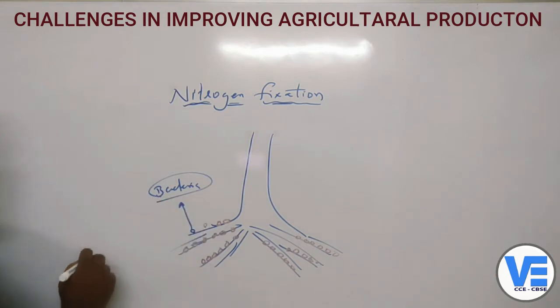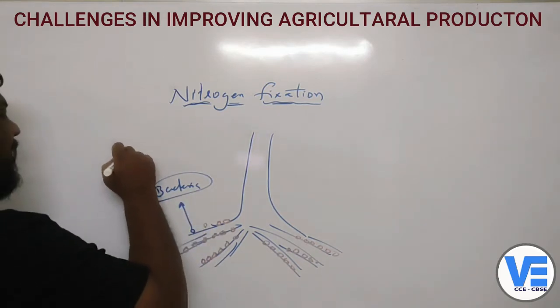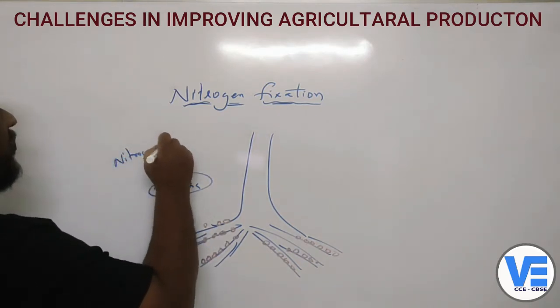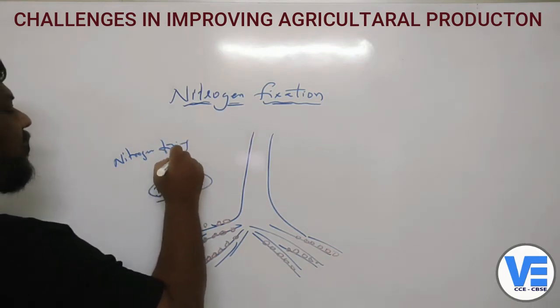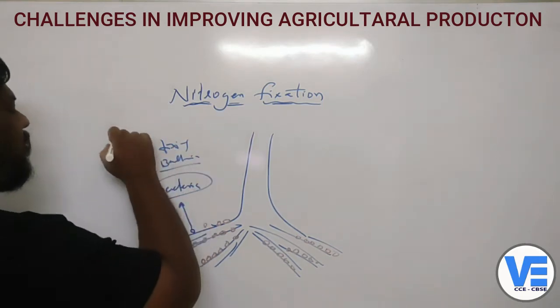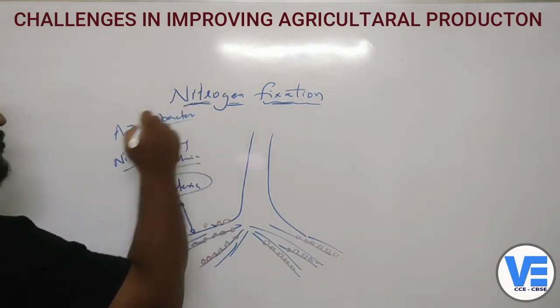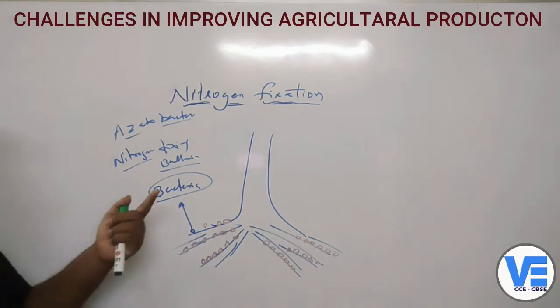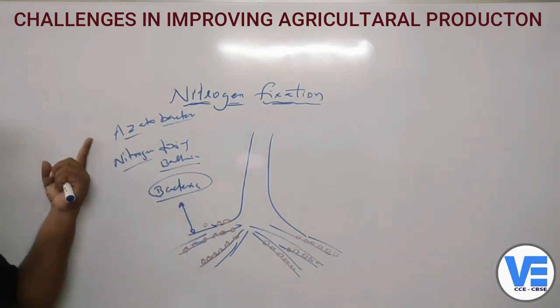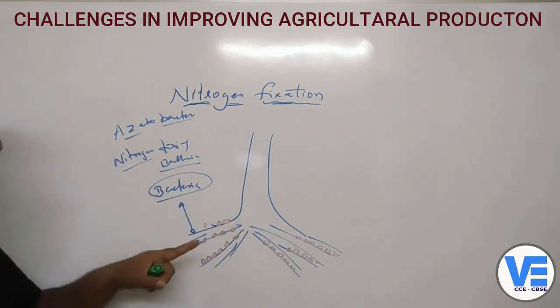These bacteria are also called the nitrogen fixing bacteria, or azotobacter. These are the different kinds of bacteria which are living in the root nodules, right?